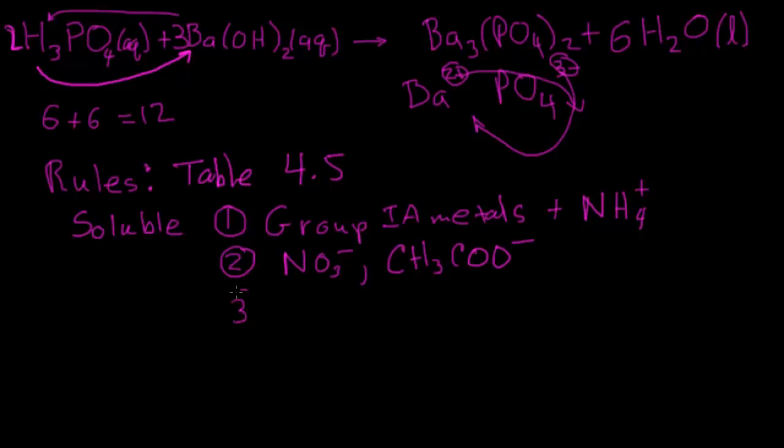Now here's some anions that we're also going to list that are soluble, but there's some exceptions. So the halides. So this is chloride, bromide, fluoride, iodide. They're in group 7A.